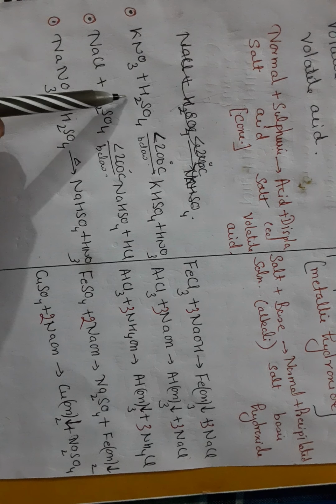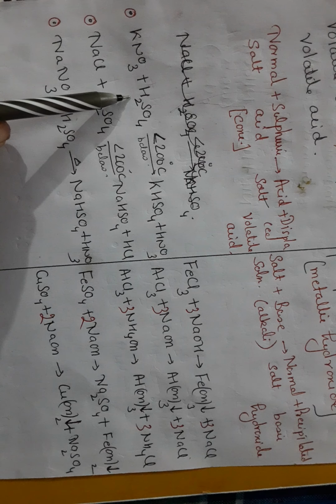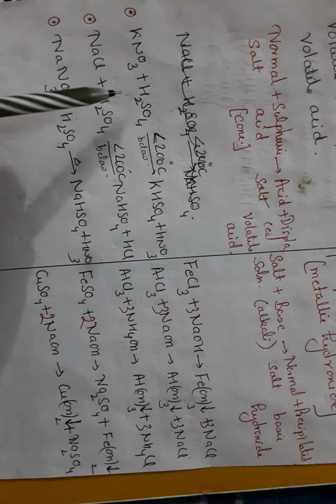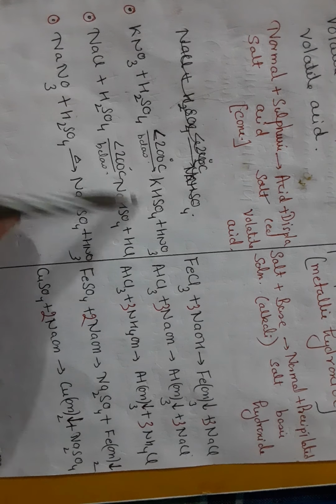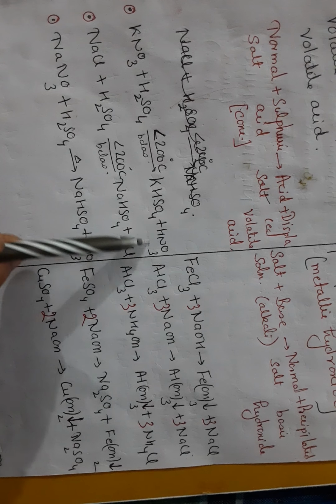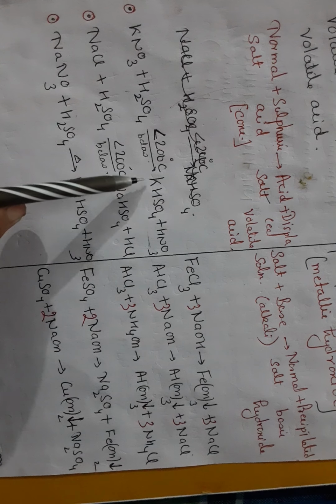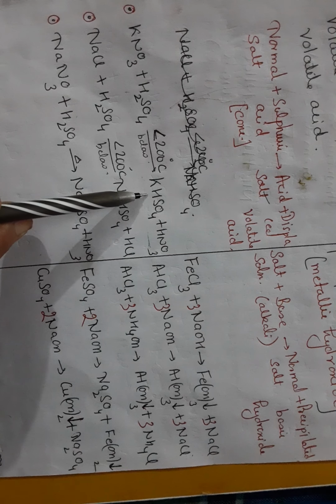Potassium nitrate, when reacted with concentrated sulfuric acid, at a temperature below 200 degrees centigrade, gives acidic salt plus nitric acid. The acidic salt is potassium hydrogen sulfate.